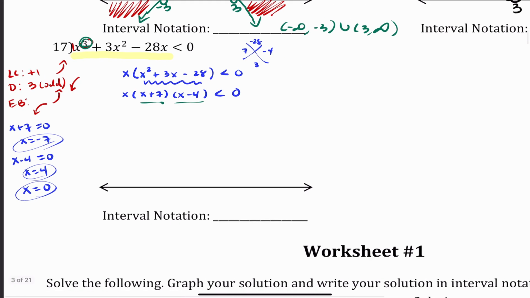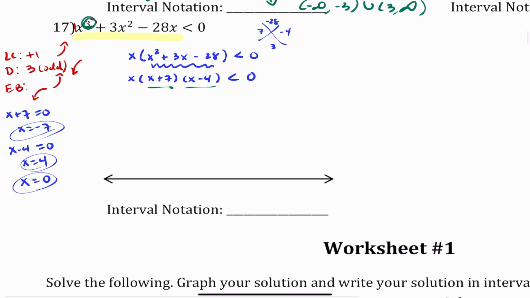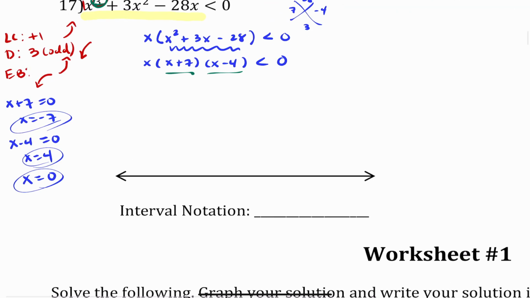Now, what we're going to do is put all those critical points in order on our number line. -7 goes first because that's the only negative number involved here, right? So negatives should be first and then positives. -7, then 0, and then 4.